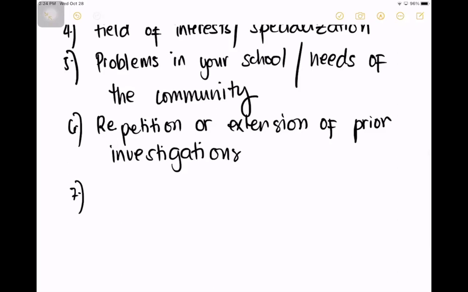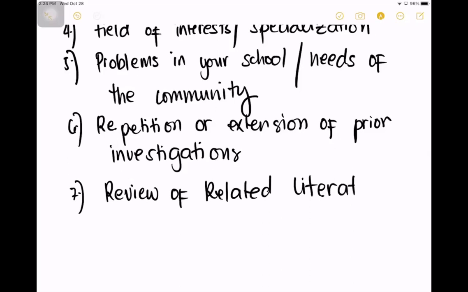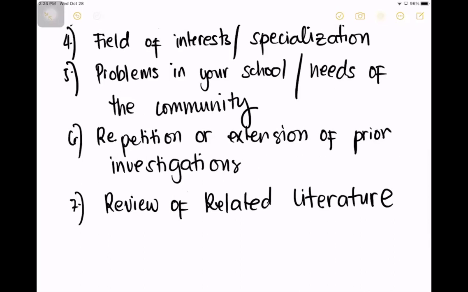Now, I would like to talk about this further, or correlate this with our number eight source, which is our review of related literature. Why do I want to connect these two? These two are actually connected with each other because we can find prior investigations through our RRL search.